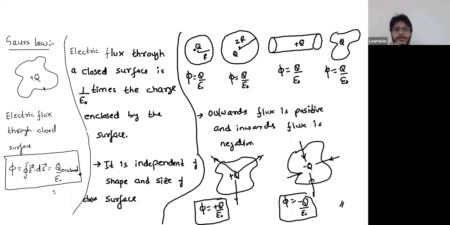Just note it down. It's because if you have a positive charge, then field will move away from the positive charge, and if you have a negative charge, then field lines will move towards the negative charge.